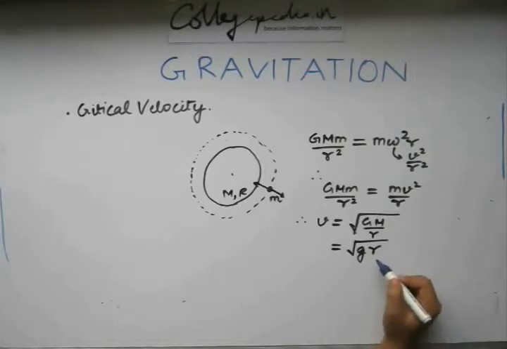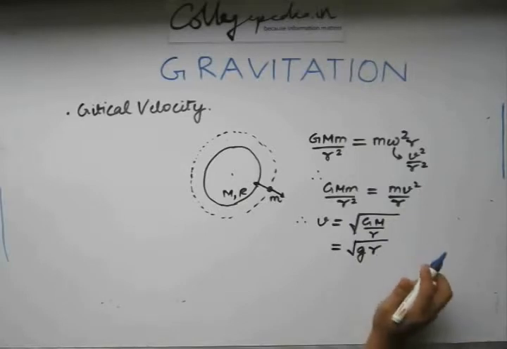This is the value of the critical velocity for the mass to rotate in a circular orbit of radius r.